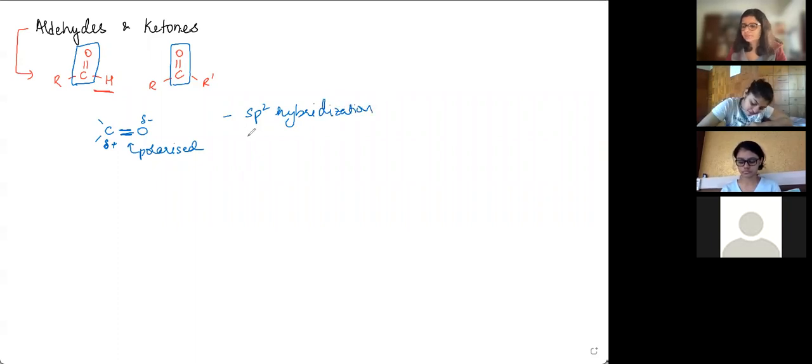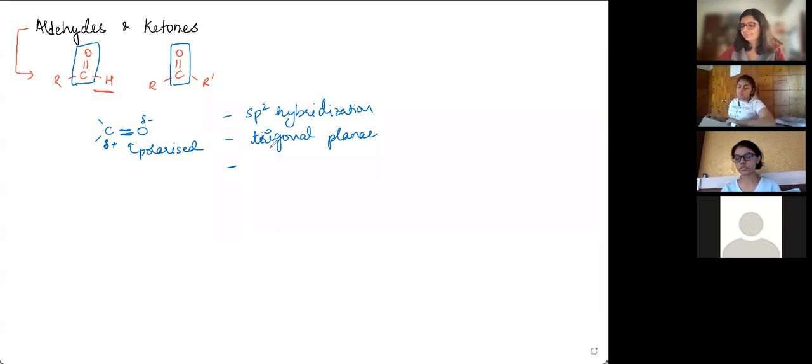What else can we talk about it? sp2 hybridization means, what will the geometry be? Trigonal planar. Yeah. And what about the type of bonds? How many sigma bonds, how many pi bonds?